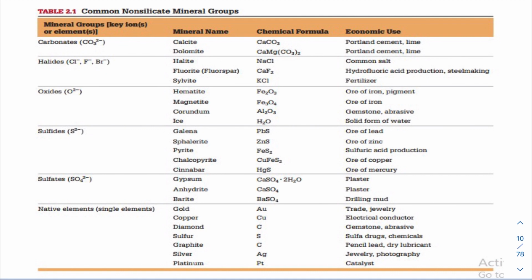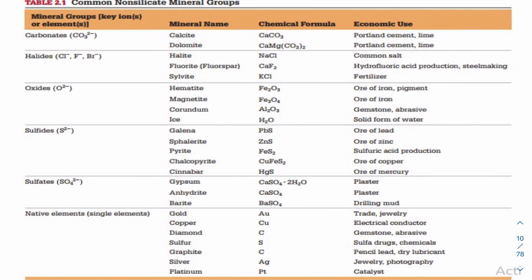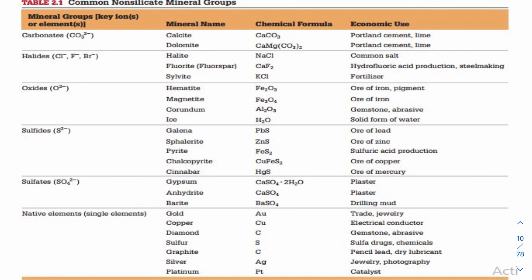For sulfates, usually they are gypsum and anhydrite. These are used in plaster. Your native elements are gold, copper, and diamond. These are non-silicates of course, since they are specific elements other than silicon and oxygen.